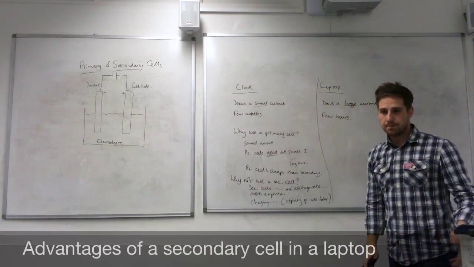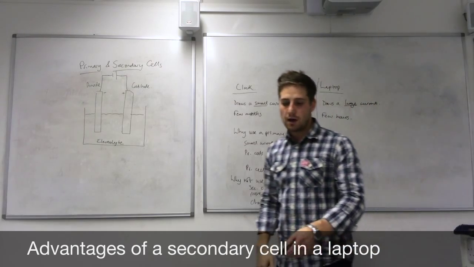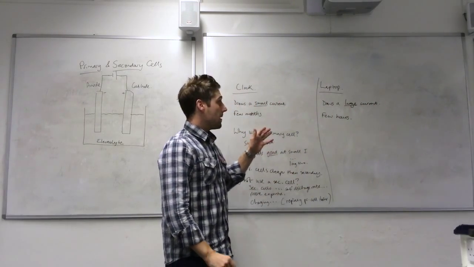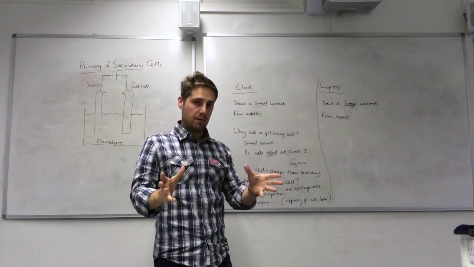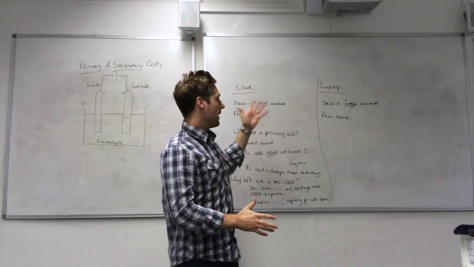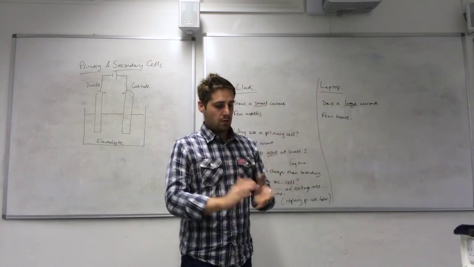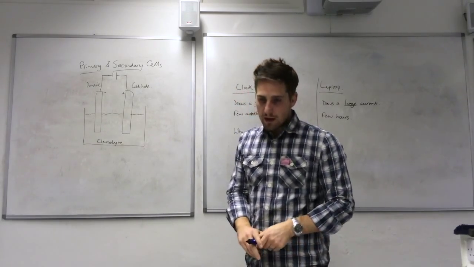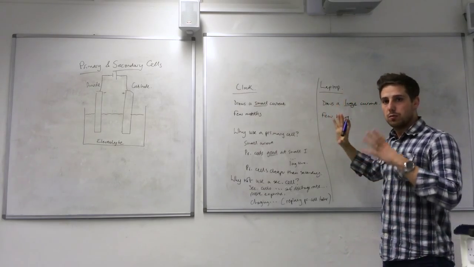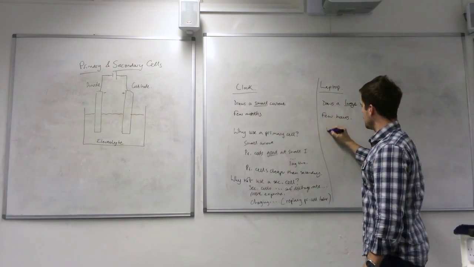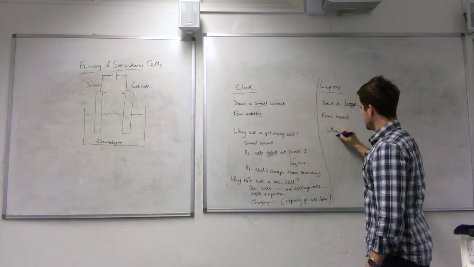The laptop then. As we said, laptop requires a large current, and it's only going to last a few hours for that reason, because the cells, they have a limited amount of energy, and the laptop is going to run it down pretty quick. Now, in this case, we would want to use a secondary cell. So why would we want to use a secondary cell?